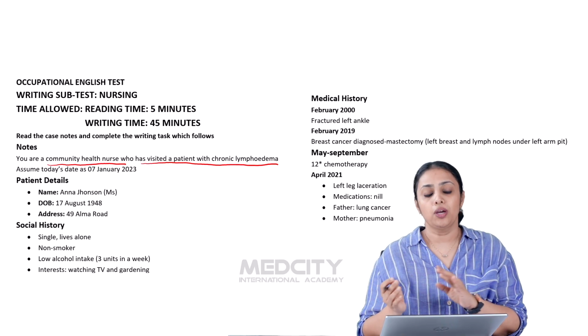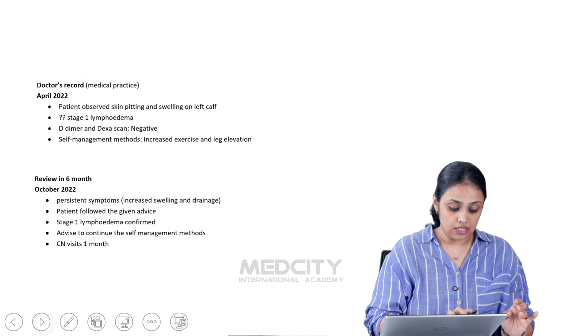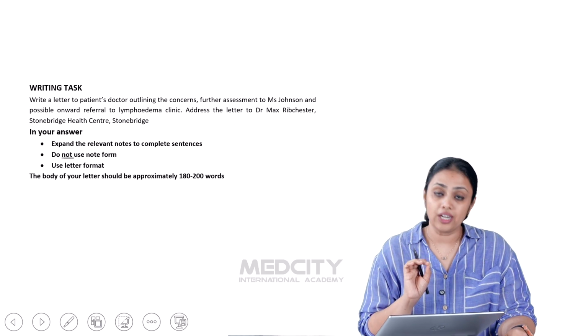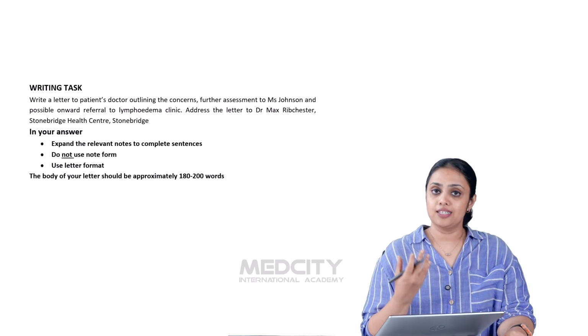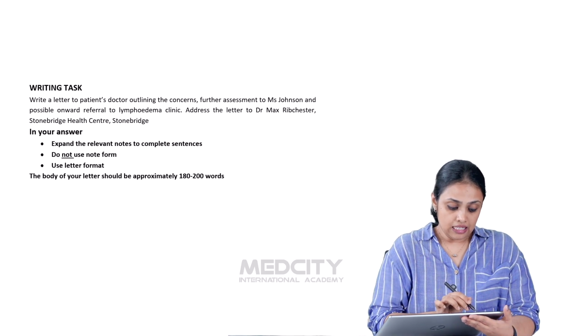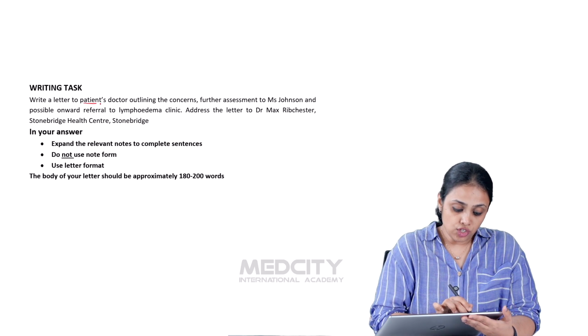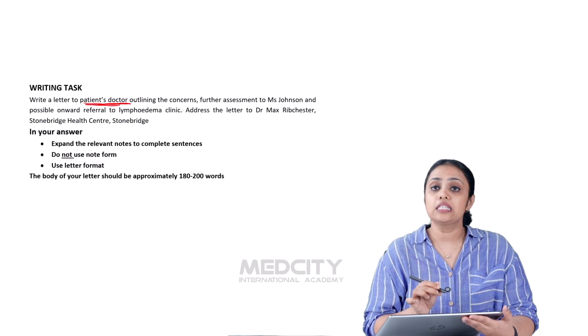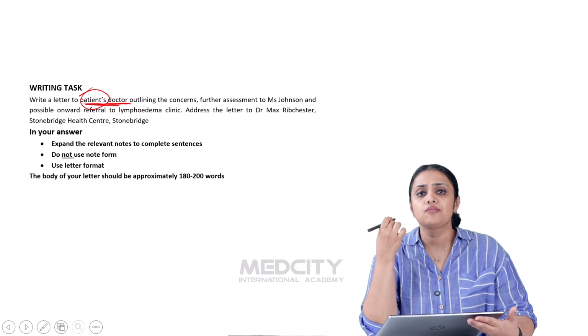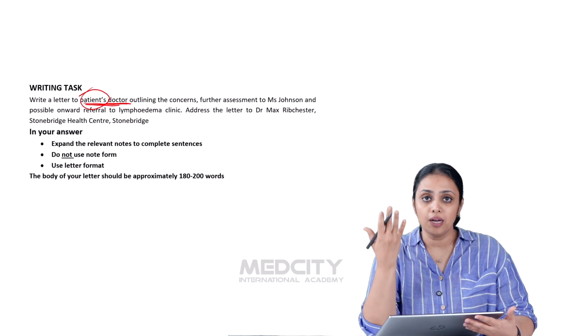Then directly we jump on to the last part, which is the writing task. Now let's read through the writing task very carefully to understand who the reader is and what is the reason for writing. So the writing task says write a letter to patient's doctor. As soon as we see patient's doctor, what should come to our mind?